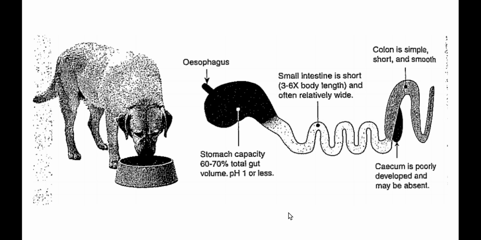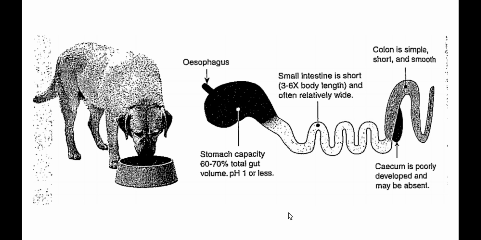So if we have a look at our dog here, we can see the stomach. The stomach is about 60 to 70% of the total gut volume with a pH of 1 or less, so it's extremely acidic. It is quite large in comparison to the size of the dog's digestive system. But the overall size of the dog's digestive system is a great deal smaller than the herbivores.